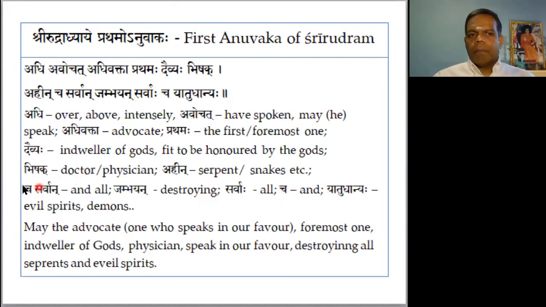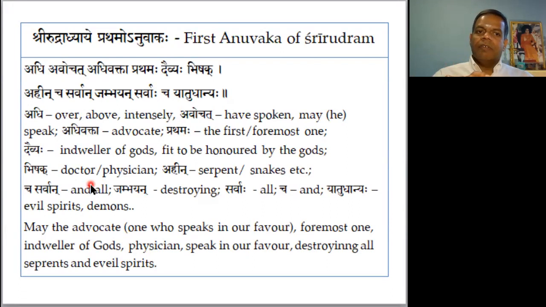Bhishak. Bhishak means a doctor, a vaidya, a physician. So this is all being addressed to Rudra. Adhivakta, Prathama, Daivya, Bhishak. Actually, commentators have taken all of them together to give meanings.